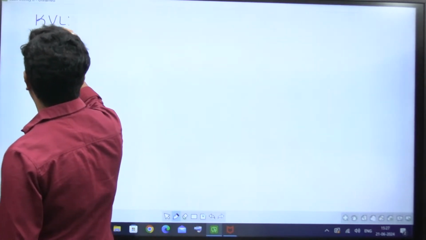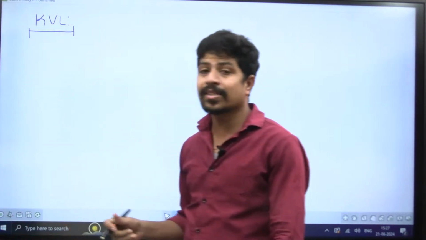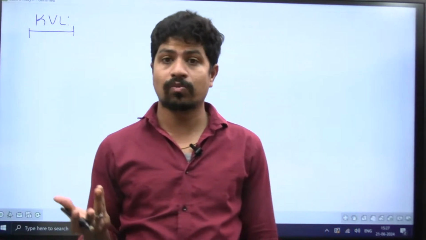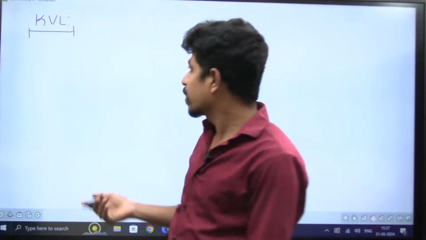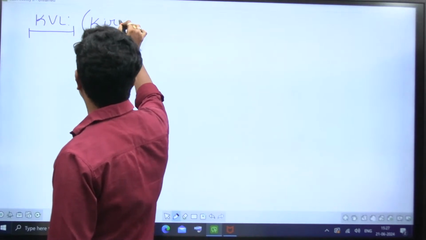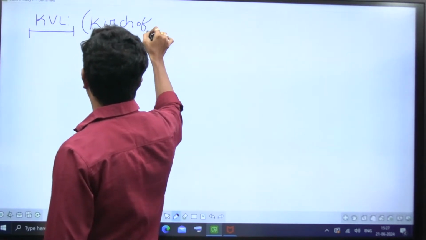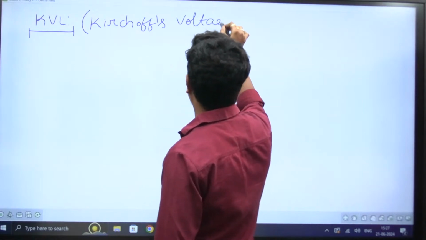This is KVL, Kirchhoff's voltage law. I'm not writing its full form. He may ask what KVL stands for, for mechanical students, because HPCL is giving that much easy questions. KVL stands for what? Kirchhoff's voltage law.